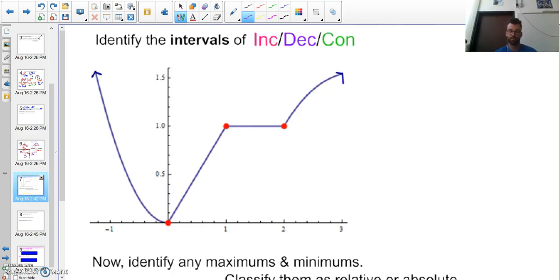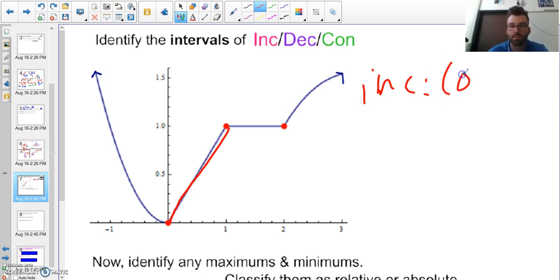So let's identify increasing, decreasing, and constant intervals. Our function seems to be increasing here, from 0 to 1. I know my chicken scratch is going great today.